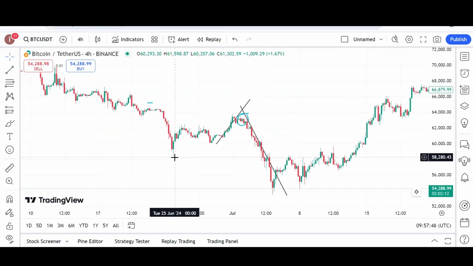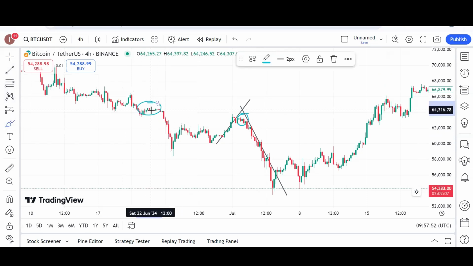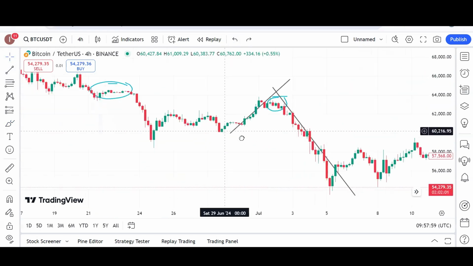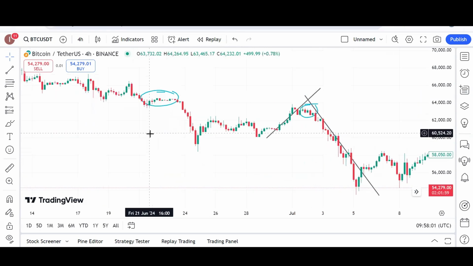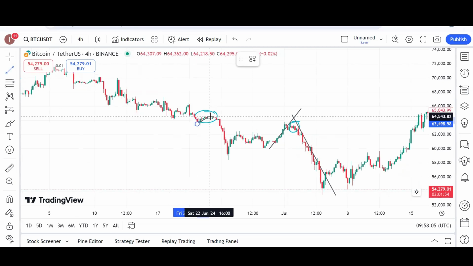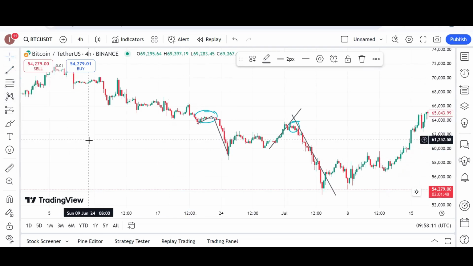If we go to the next one, as you can see, the bearish engulfing candle pattern appears. Then the market was upward and goes in a downward direction.